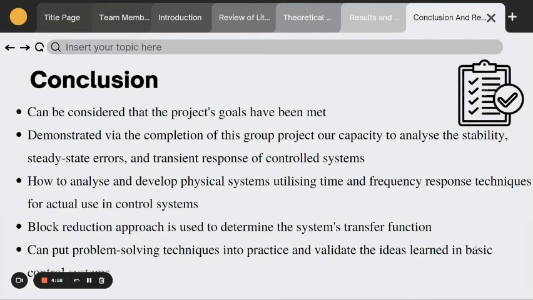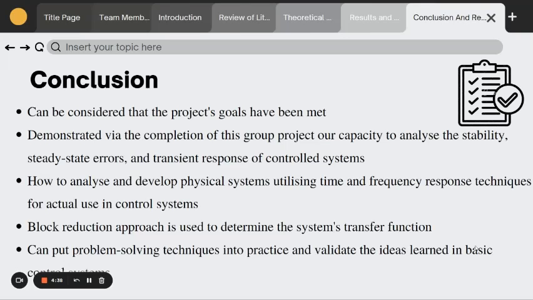Conclusion and recommendation. Overall, it can be considered that the project's goals have been met. We have demonstrated through the completion of this project our capacity to analyze the stability, steady state errors, and transient response of control systems.